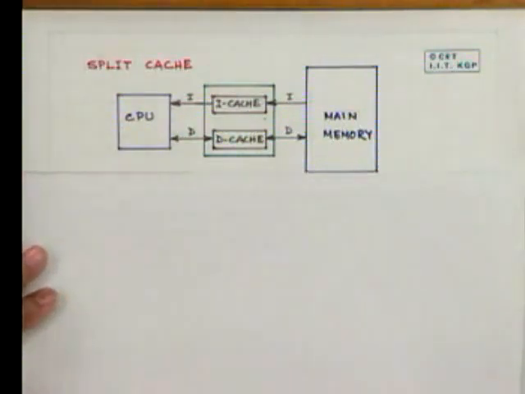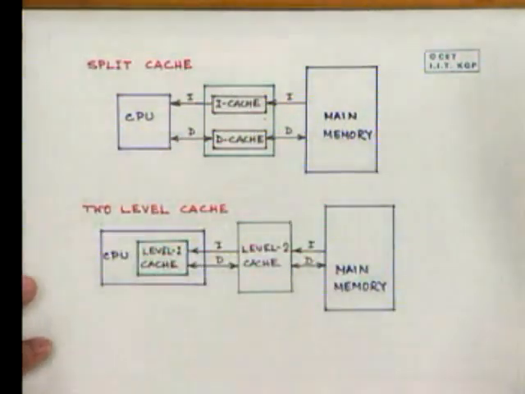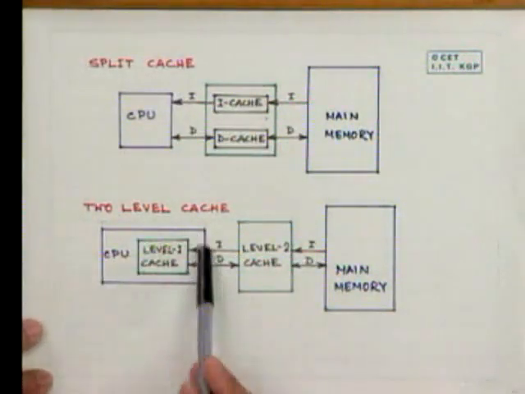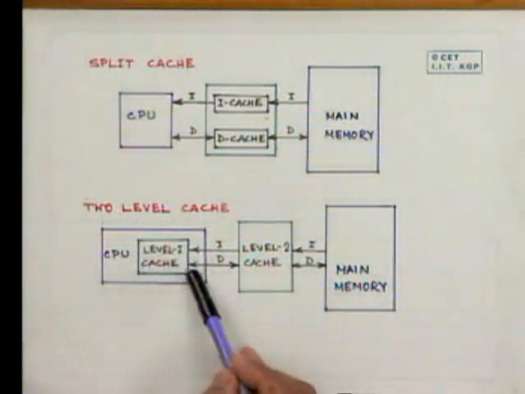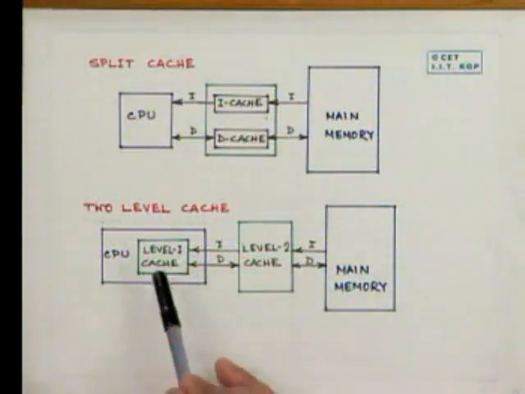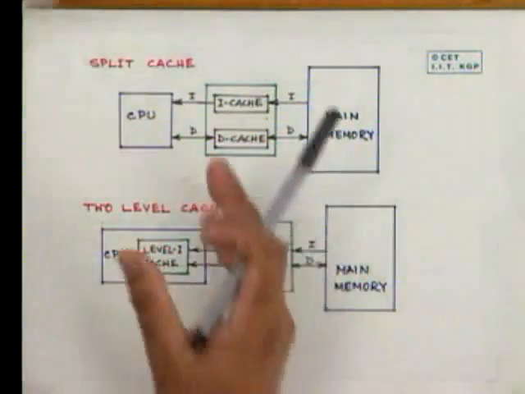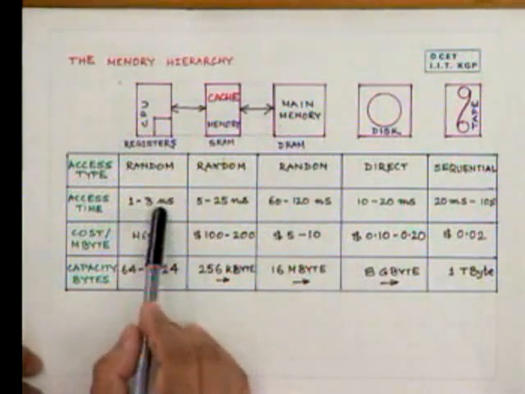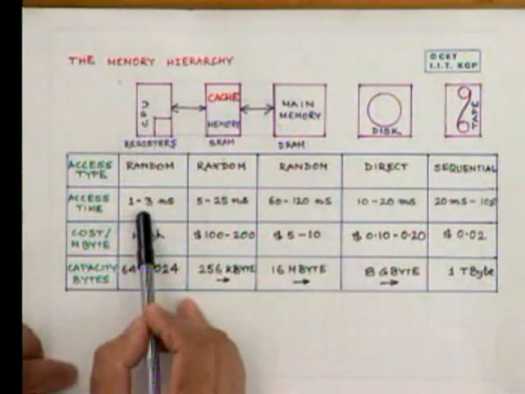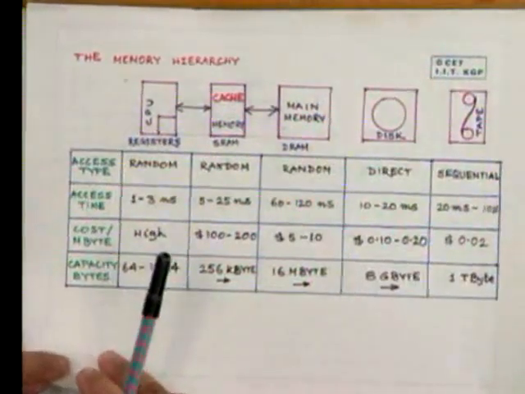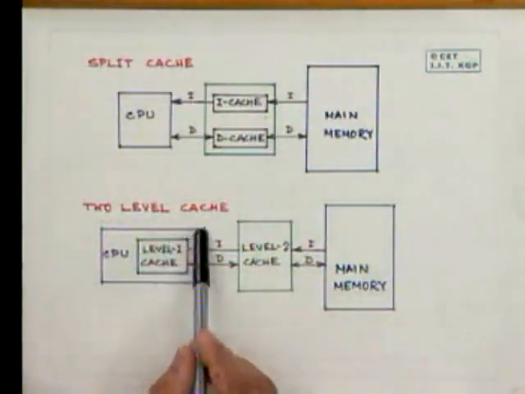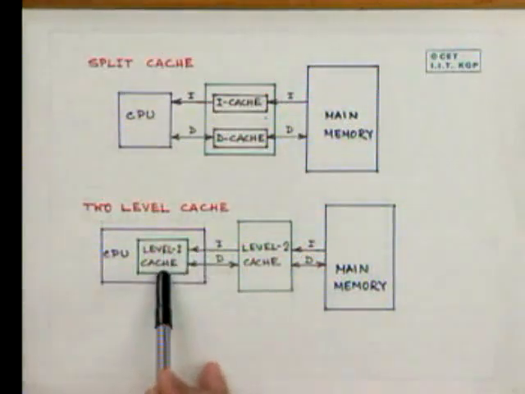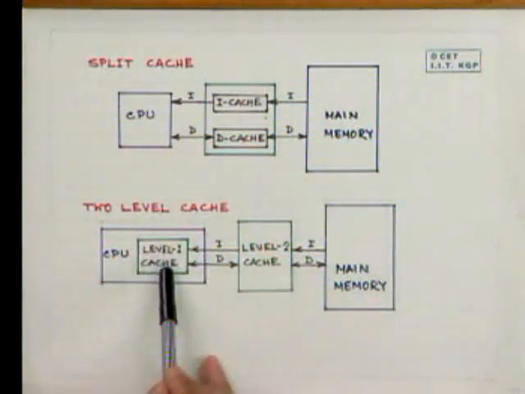Now, the second case is the two-level cache. In this case, in the CPU, we have a level 1 cache, which is of much faster speed. Naturally, it will have the same speed as the registers in the CPU, 1 to 3 nanoseconds, and therefore it can be an on-chip cache.